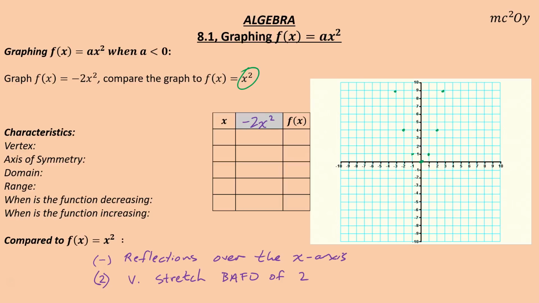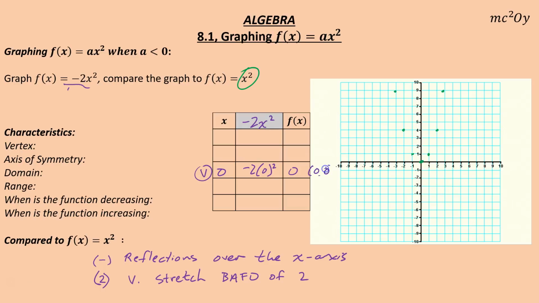The further A is from 0, the narrower the graph. The closer it is to 0, the wider the graph. I'm not going to write all that out, but I'll let you write it out. You can pause and do that. But notice I don't have a B term, right? So I'm going to start at 0. It's my vertex. I have negative 2 times 0 squared. Gives me 0.